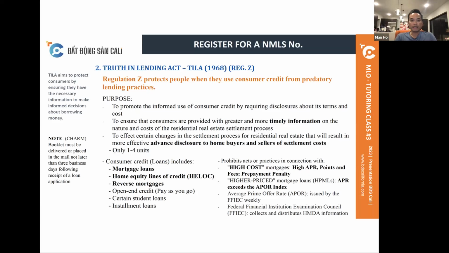Okay. So Truth in Lending prohibited acts or practices in connection with high cost mortgages. High cost mortgages are loan programs that have high costs, high fees, so many different kinds of fees added up so that your APR is your rate plus the fees. So now your APR is this high, right?